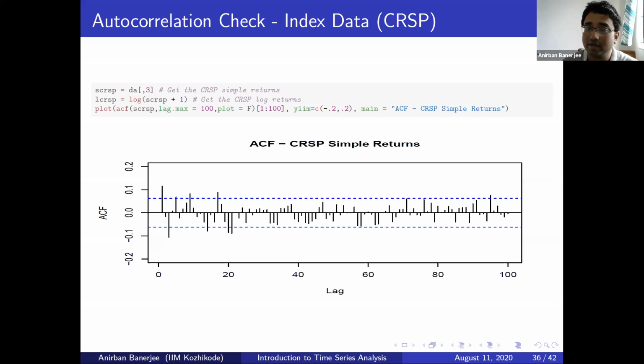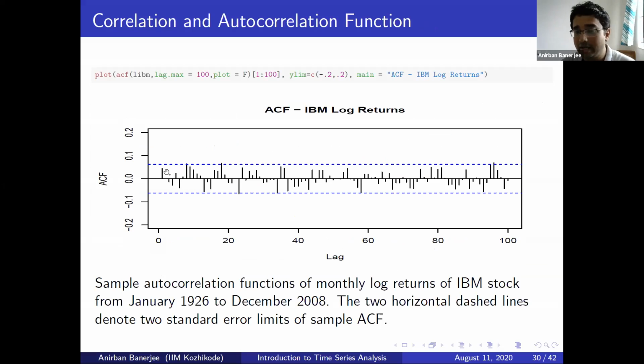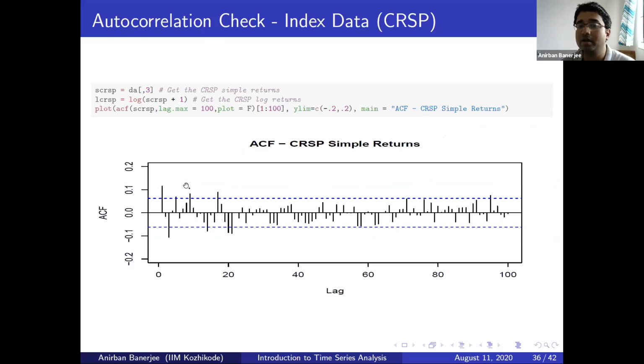Look at the difference from the IBM plot, right? There, all of these ACF values were within the boundary. Here, many of these values are outside the boundary. That means these are statistically significant. It does not matter about the later ones. If we find that even some of them are crossing, there is serial autocorrelation.